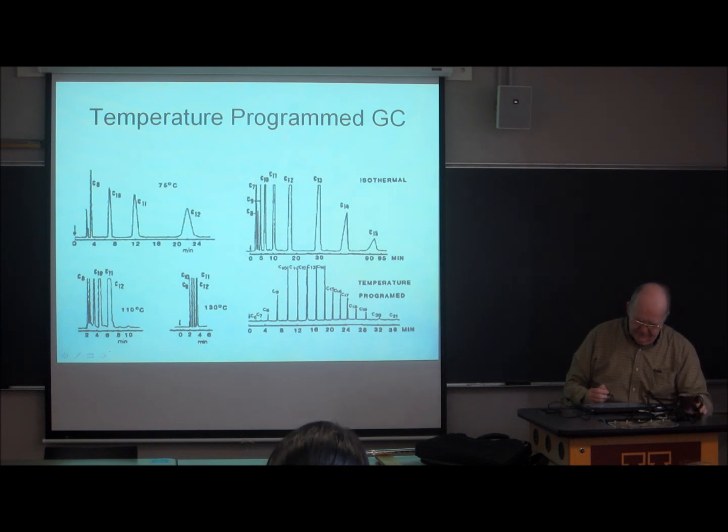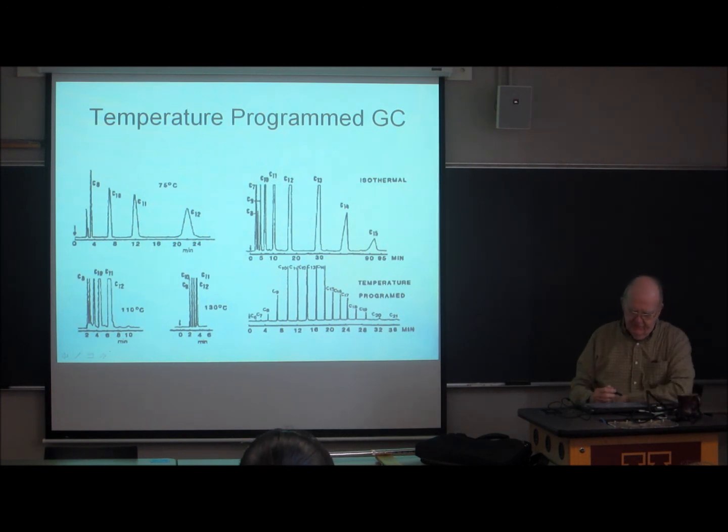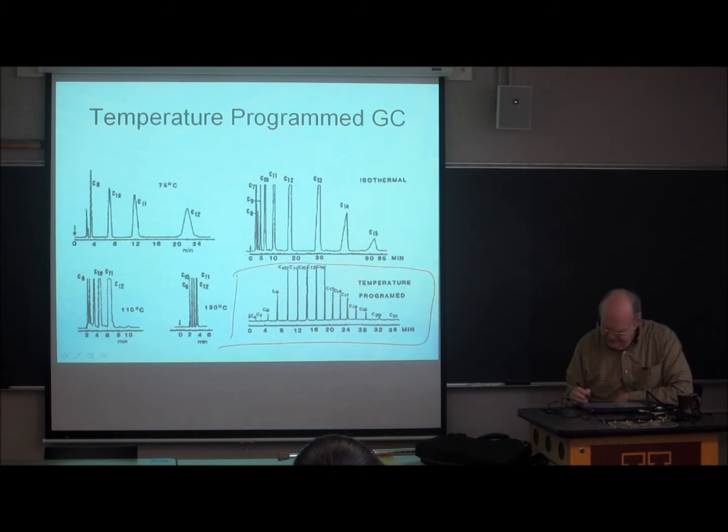We've talked a good bit about temperature programming in GC way back when. This perhaps is a little better picture of why you want to do temperature programming. All the samples here are the same in all cases. This is the temperature program run at roughly the right temperature program.